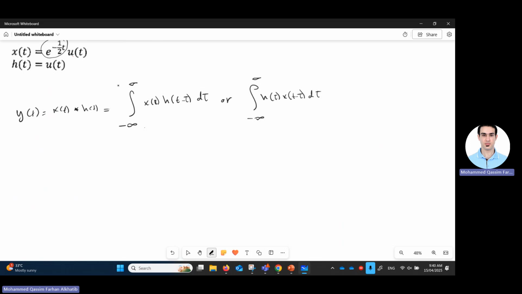Now, from these two functions, which one do you think is easier to flip? Let's plot x of t. I have two elements: e to the power negative half of t, a decaying exponential, multiplied by u of t, multiplied by this part, and there is 0, so this part will be gone.